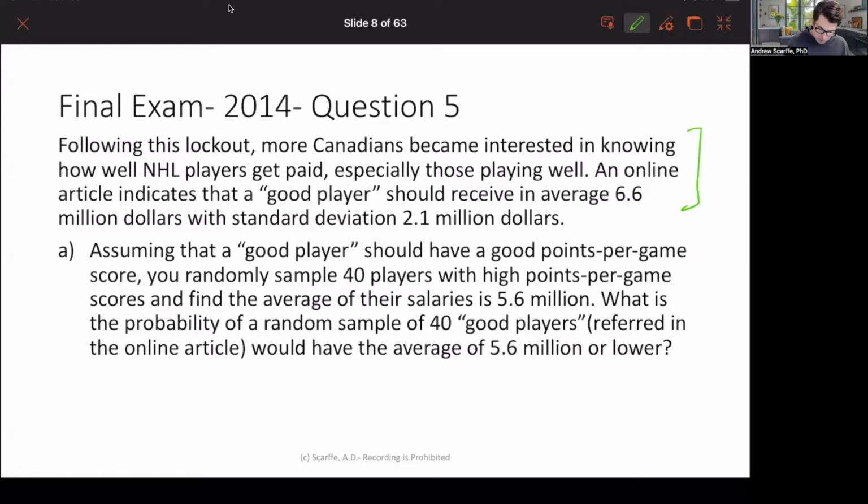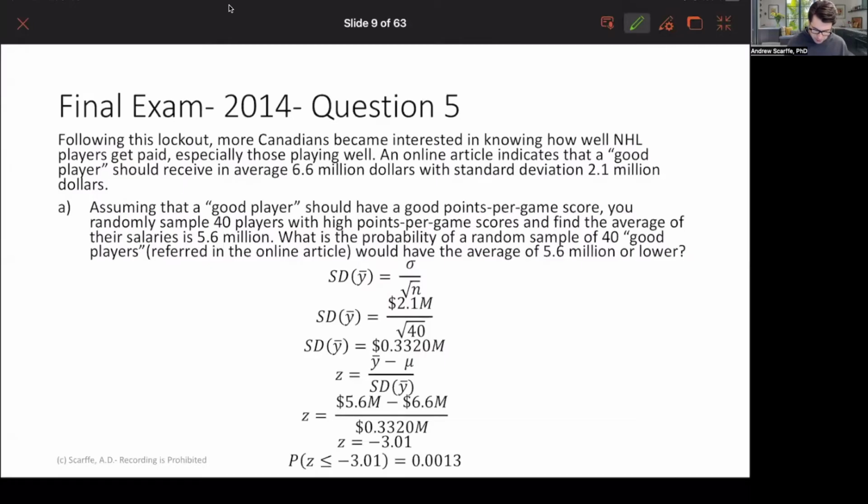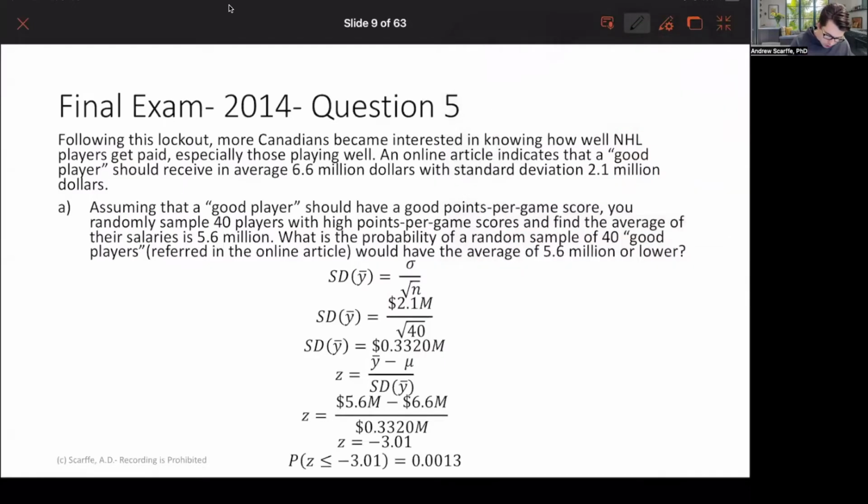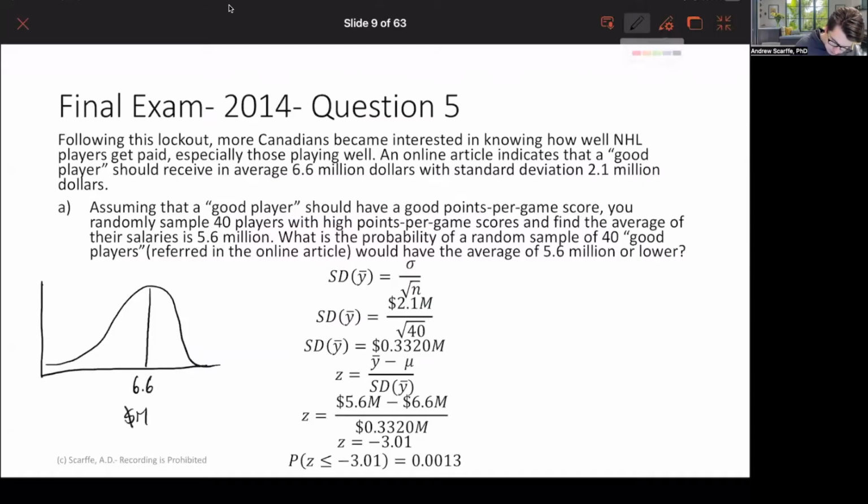Okay, well, we can go ahead and solve for this question. So again, before we look at our solution, let's just draw our normal curve here, because we're going to assume that there's a normal distribution here. We are told that there's a mean of $6.6 million, and this is in millions of dollars.